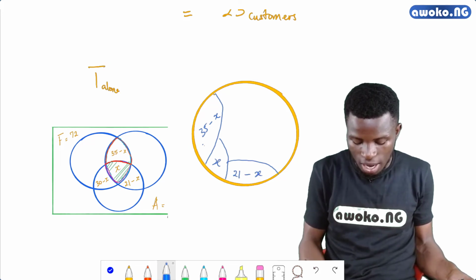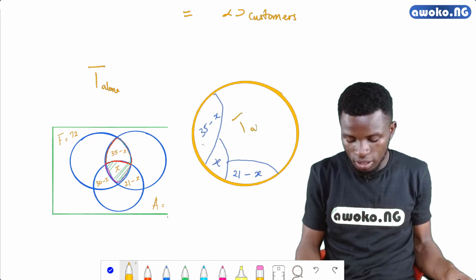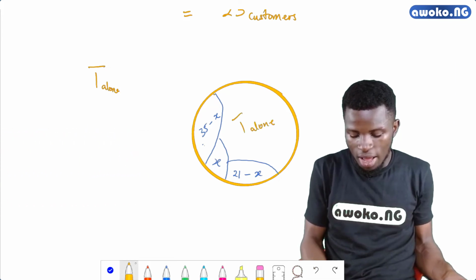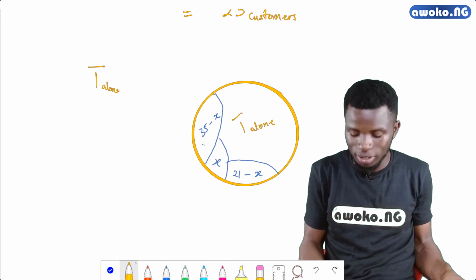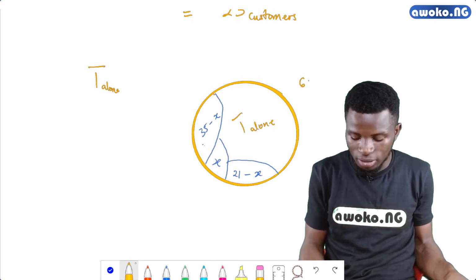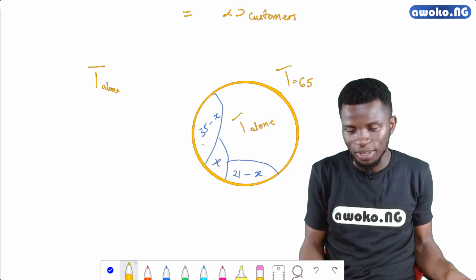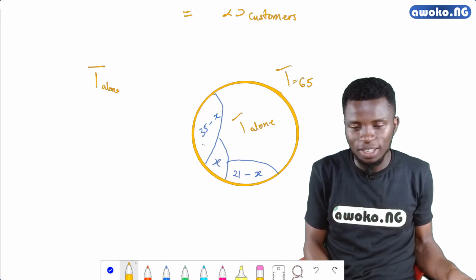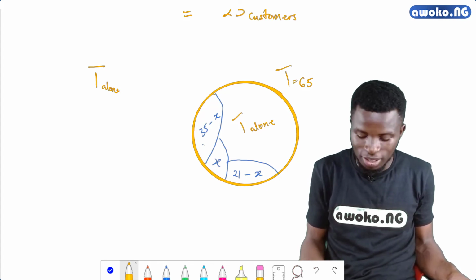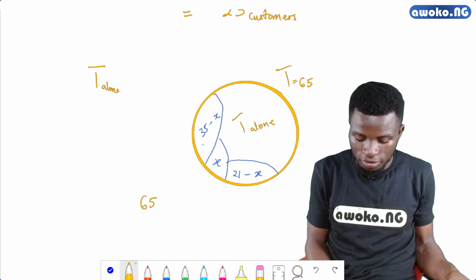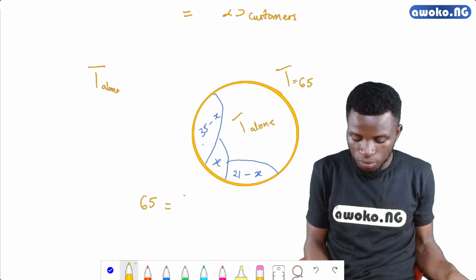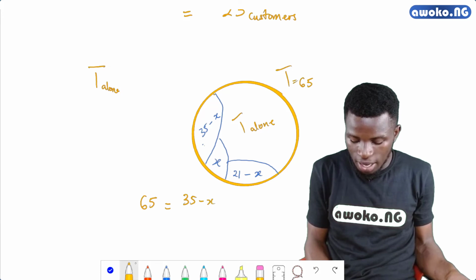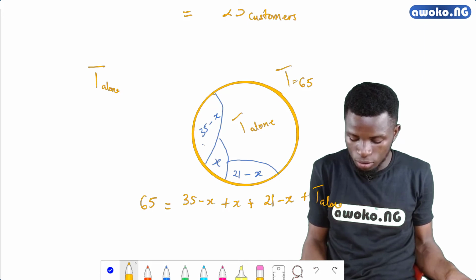And this is what we are actually looking for, T alone. Everything in Trust Bank gave us 65. So we have 65 as Trust Bank. Okay, now how do we get for Trust Bank alone? It is simply 65 equal to 35 minus x plus 21 minus x plus T alone.